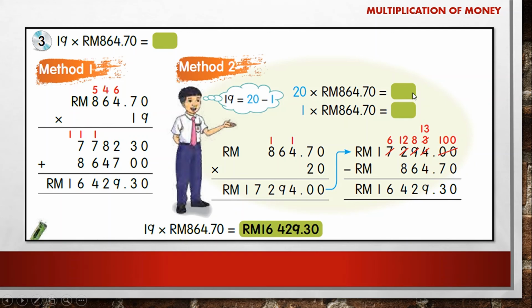Then you got the answer here, and then you subtract 1 multiplied by Ringgit Malaysia 864.70. Then you got the answer. The answer is the same for method 1 and method 2. So the answer is Ringgit Malaysia 16,429 ringgit and 30 cents.